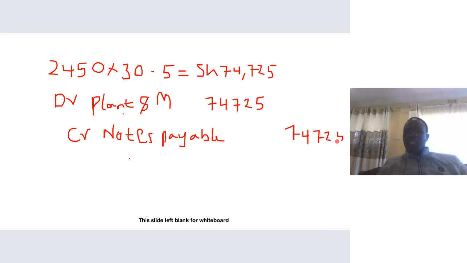So that is to record the transaction on 31st March 2018. That is the entry that will be made.